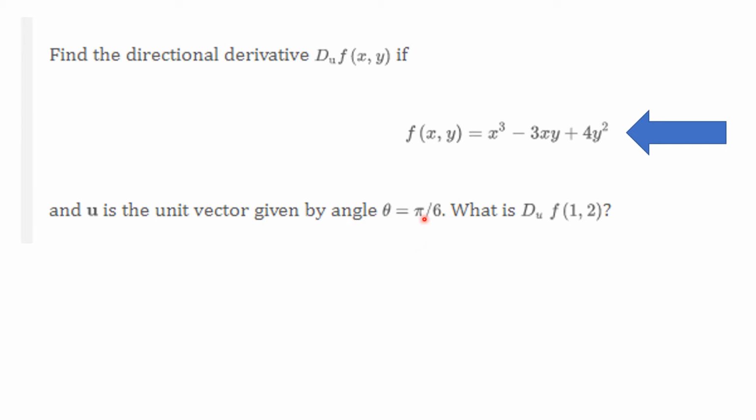Not just finding that directional derivative as a function of x and y and theta, although theta will become a number because you'll substitute in the cosine and sine, but also find what this directional derivative is evaluated at the point (1, 2). So that's taking x to be 1 and y to be 2. You know what to do. Let's see how you did.